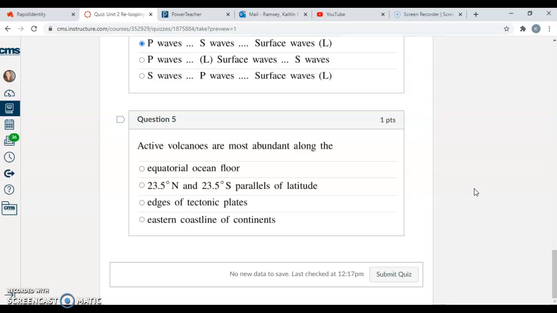So we have a subduction zone where the magma is pushed from the mantle up to the surface, and that's where we get volcanoes. So knowing that subduction zones occur along plate boundaries, go ahead and pause and make your selection for this question.